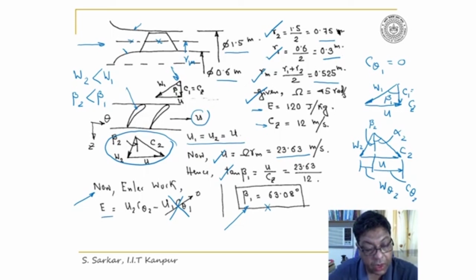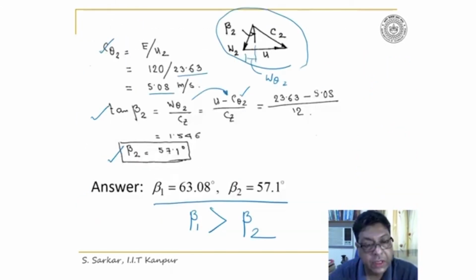Therefore, here the Euler work E is equal to U2 into C theta 2, so C theta 2 is equal to E divided by U2. Now E is given as 120. U2 I have calculated as 23.63. Therefore, the value of C theta 2 is 5.08 meters per second.